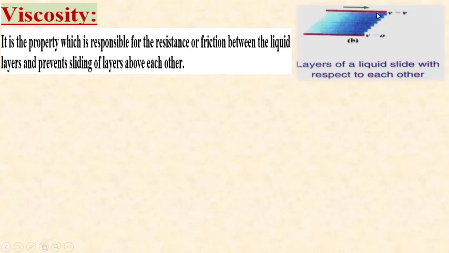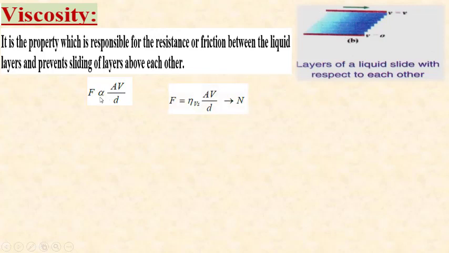Like this, the upper layer has higher velocity than the lowest layer. The viscosity force is directly proportional to the area of the container in which the liquid is found and to the velocity, and inversely proportional to the thickness, which is d.